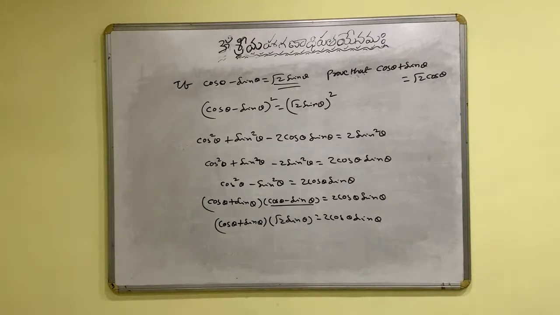I need to find out cos theta plus sin theta value. But I got cos theta plus sin theta into root 2 sin theta is equal to 2 cos theta sin theta. Namrata, yes sir? Okay. What we have to do?